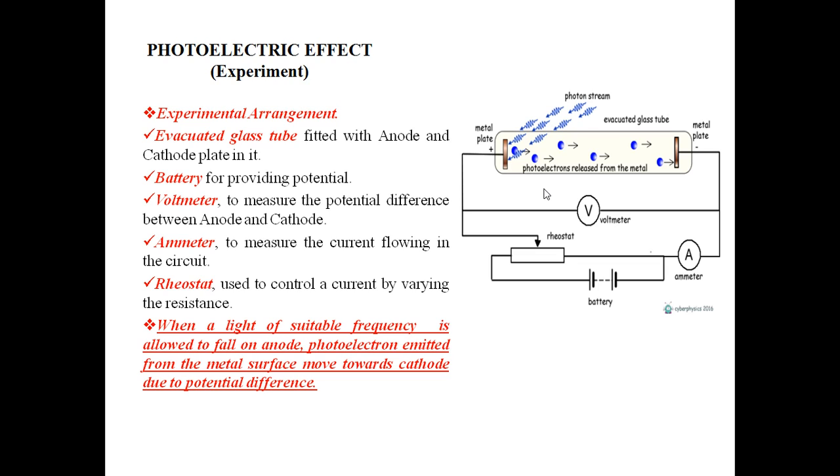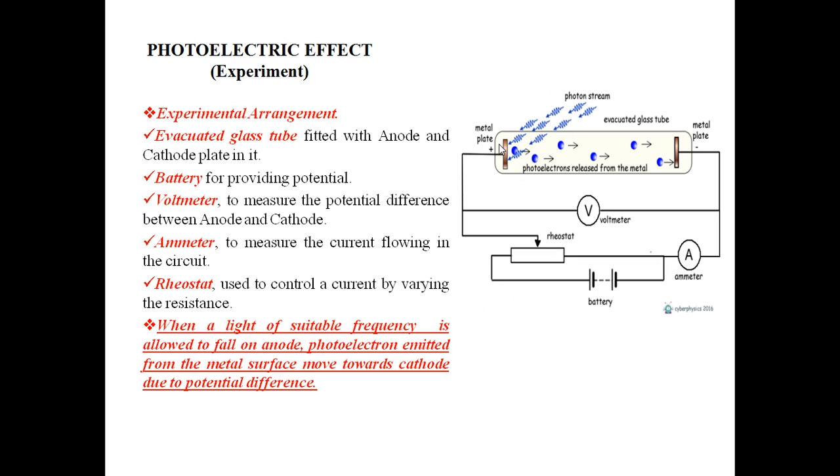And at the last, here is the phenomenon of the photoelectric effect: when light of suitable frequency, this suitable frequency being called the threshold frequency, which we'll discuss in detail in the next slide, is allowed to fall on the anode, photoelectrons emitted from the metal surface move towards the cathode due to the potential difference provided by this battery.